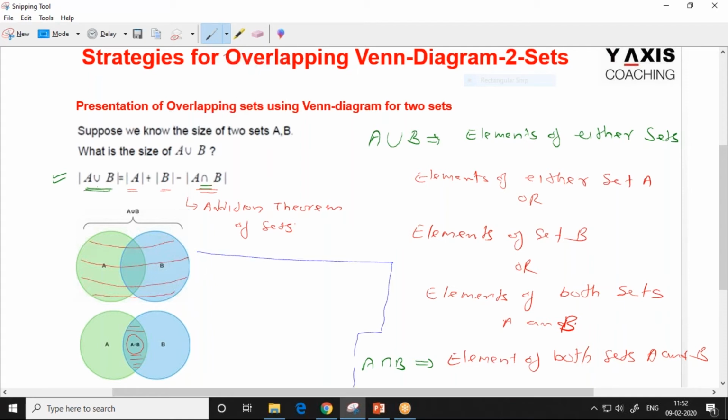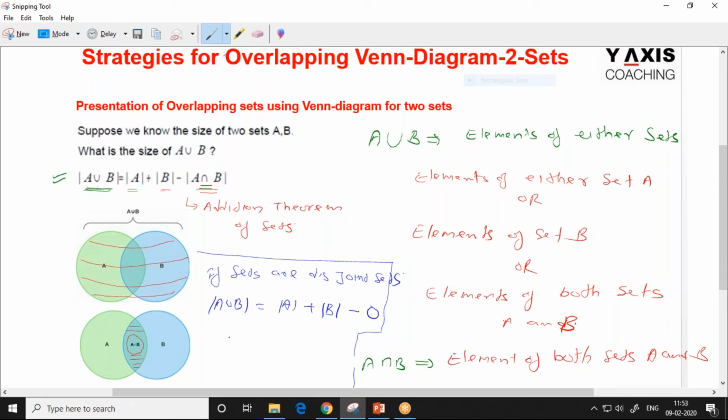One interesting case we can take from here is if sets are disjoint sets. When sets are disjoint, it means there is no common element between the sets. In that case, A union B is going to be set A plus set B. Since there is nothing common, you have to subtract nothing.